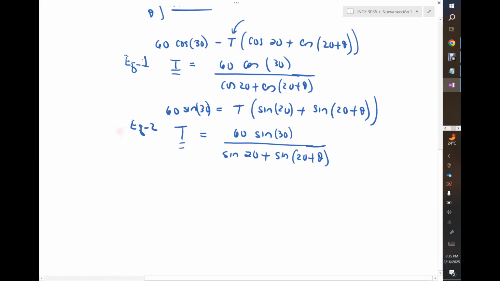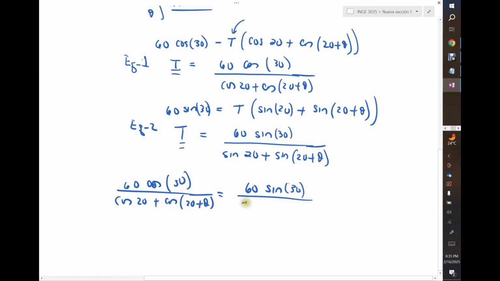So what we need to do is to equate those two equations, and that will look like this: 60 times cosine of 30 divided by cosine of 20 plus cosine of 20 plus theta has to be equal to 60 sine of 30 divided by sine of 20 plus sine of 20 plus theta.